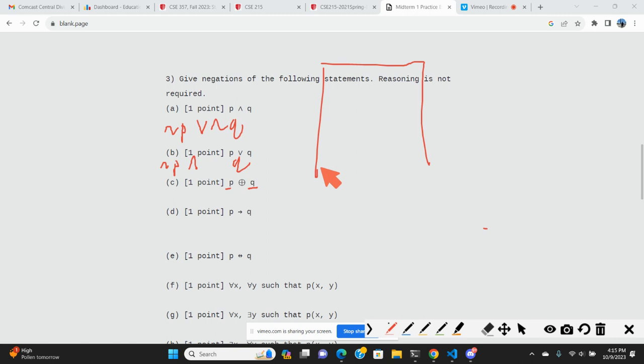We have P, Q, P exclusive or Q. So we have true, true, false, false, true, false, true, false. And so true and true actually gives false. True and false gives true. False and true gives true, and false and false gives false.